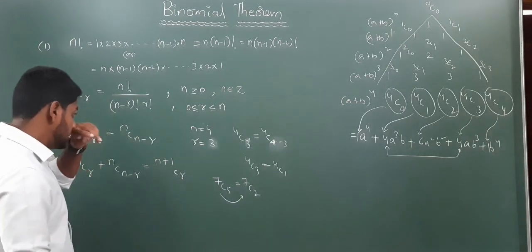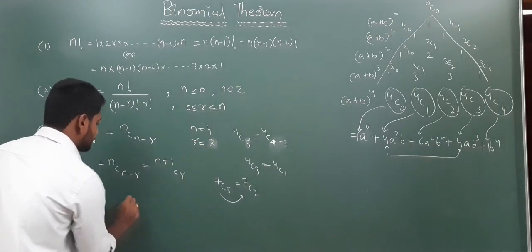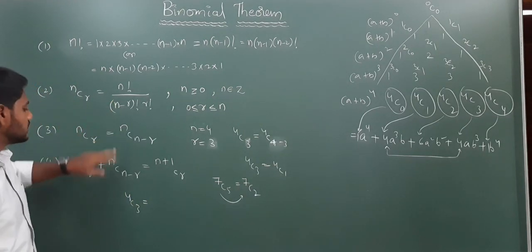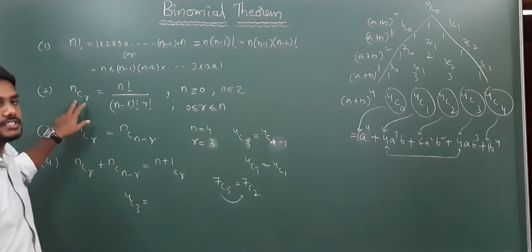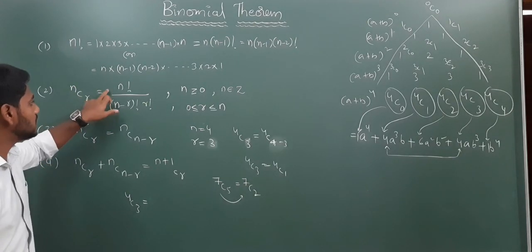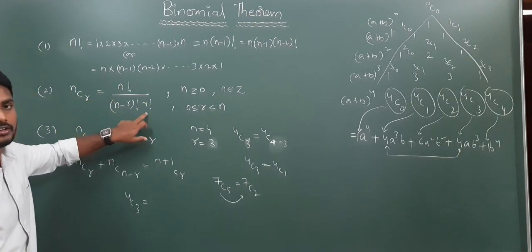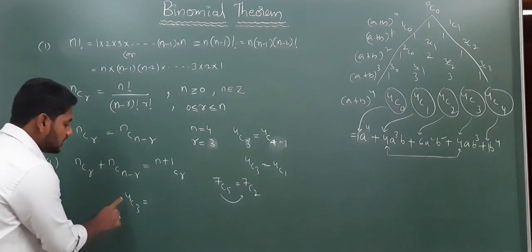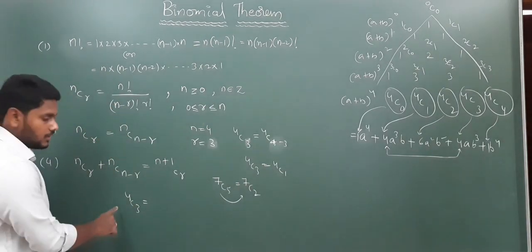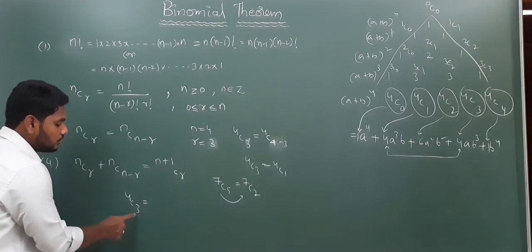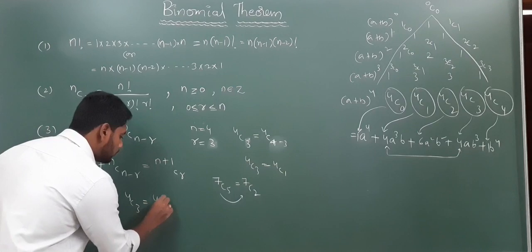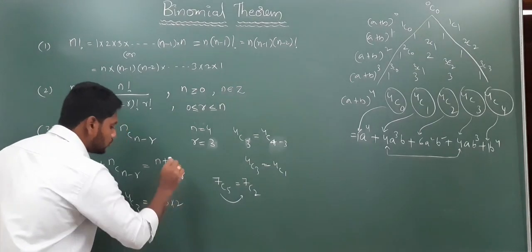Another thing is, if we write 4C3, there is a shortcut method instead of using this formula. Actually this 4C3 is in the form of nCr, right? The nCr formula is n factorial by (n minus r) factorial into r factorial. But another shortcut to find the value directly is, if it is 4C3, 4 you decrease 3 times, only 3 times.